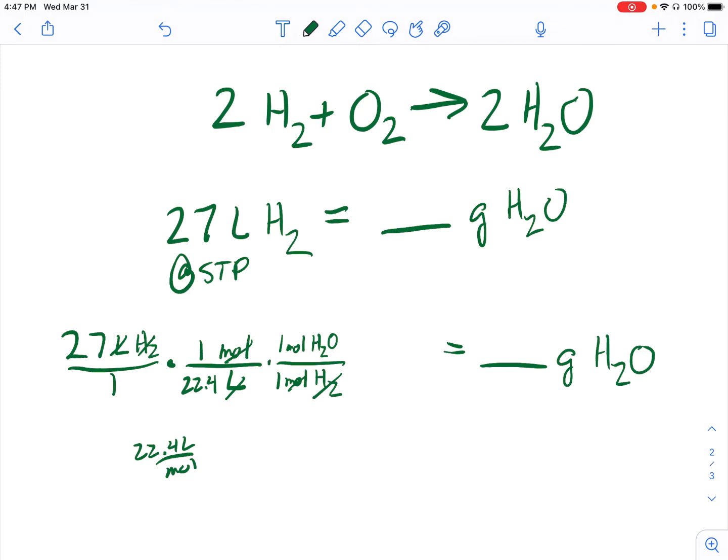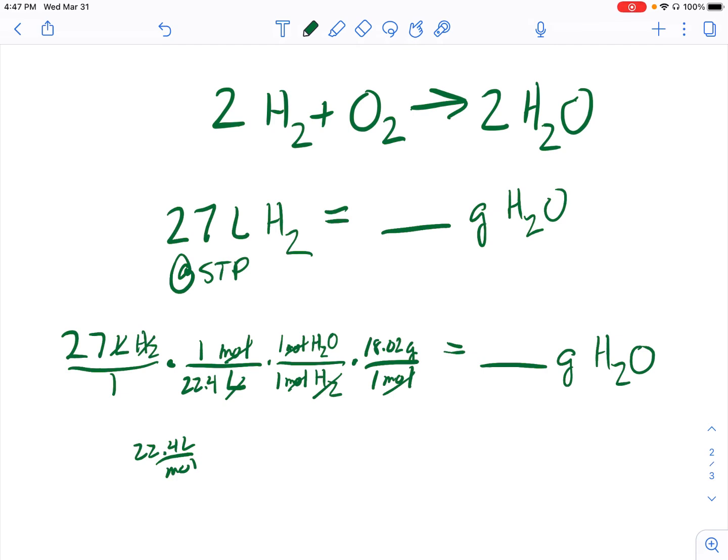So liters is going to cancel, moles of hydrogen gas is going to cancel, leave me at moles of water. And then I need to get to the mass, so that's 18.02 grams and 1 mole for water, and that cancels the moles and leaves me at grams of water.